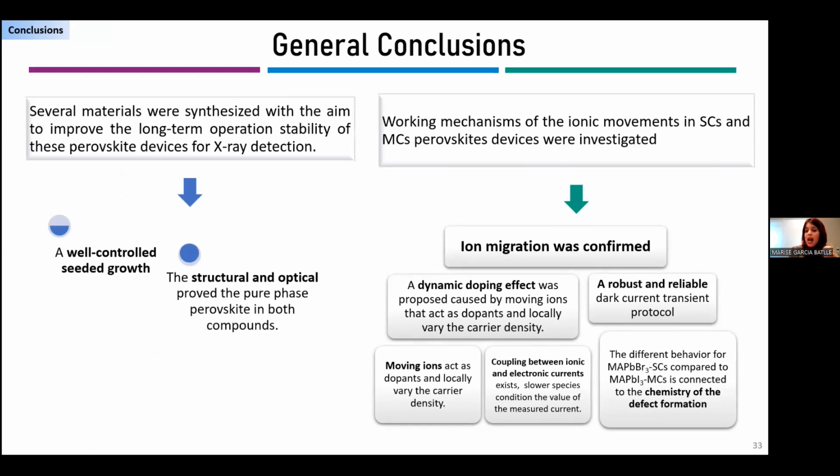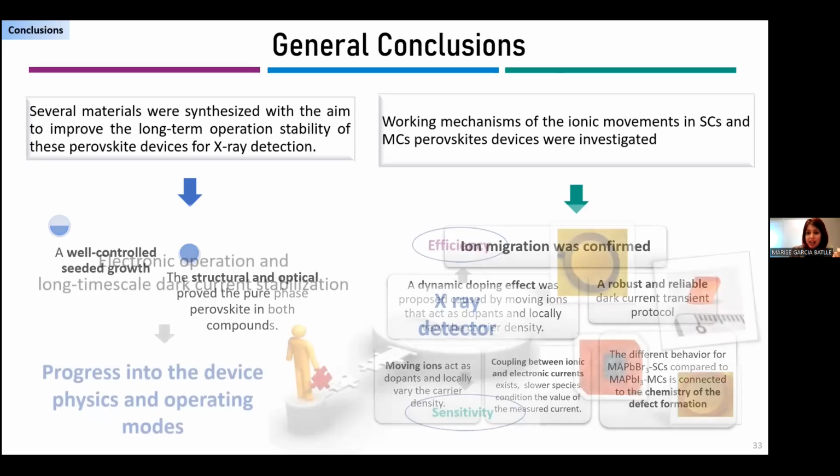Just to conclude, ion migration was confirmed. I want to highlight that we proposed the dynamic doping effect by measuring ionic diffusion. We obtained this reliable protocol, and we have proof that this coupling between the electronic and ionic current is connected to the slower species and how this species may condition the kinetics of the electronic response of our device.